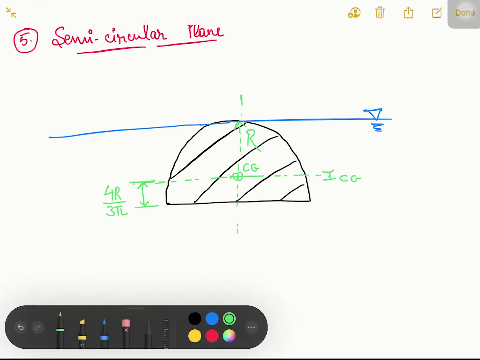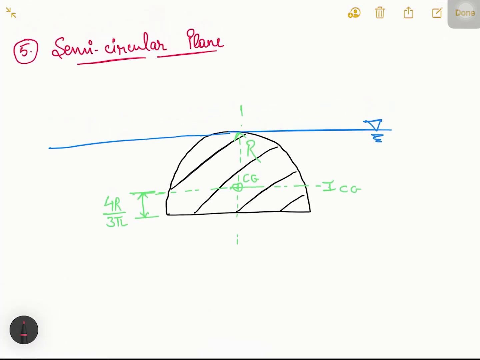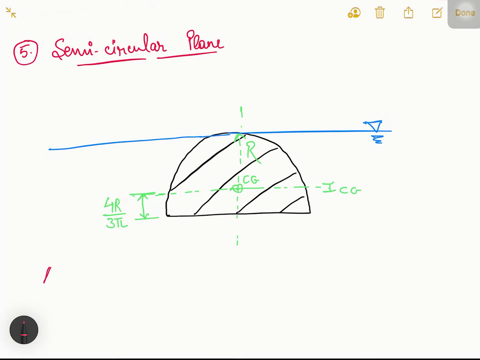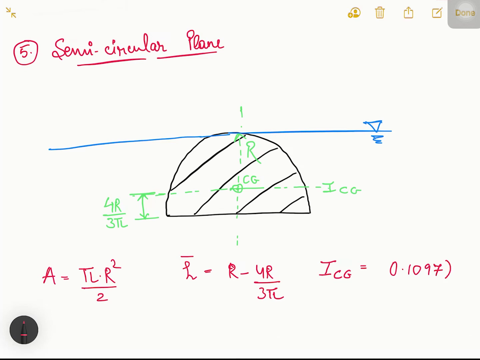Okay, now remember that we need to find out the h bar value from the free surface. So your h bar value will be r minus 4r by 3 pi, and ICG value in this case will be equal to 0.1097 multiplied by r to the power 4.